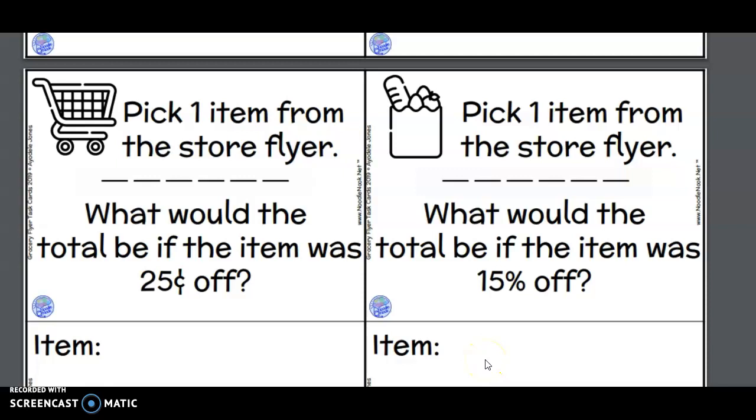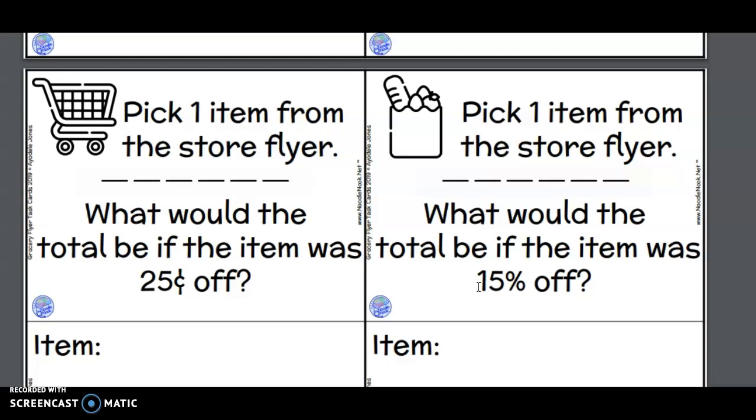Now, when we're dealing with taking percentage off and you're using the calculator, this number right here, you have to turn into a decimal. So the way you do that is you just put a decimal point in front of the 1. So now it becomes 0.15.